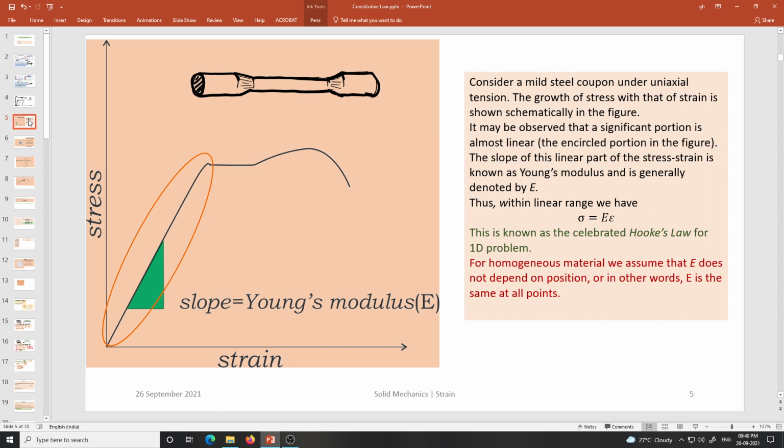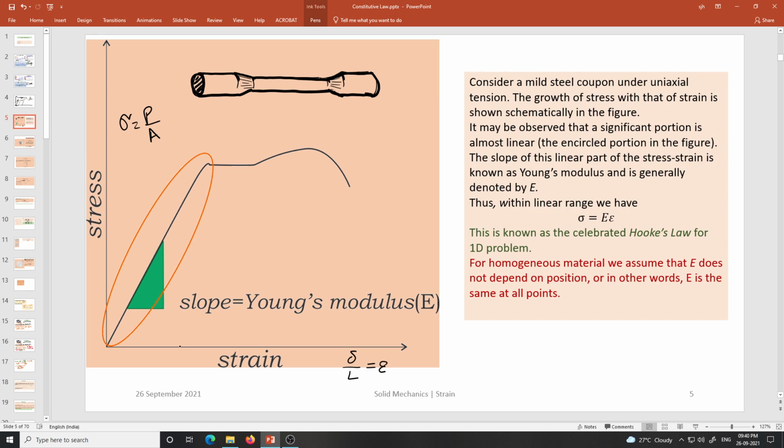The slope of the stress strain curve, with respect to our consideration, we say that sigma equals P over the cross sectional area A, and the elongation delta over the initial length is the measure of the strain.